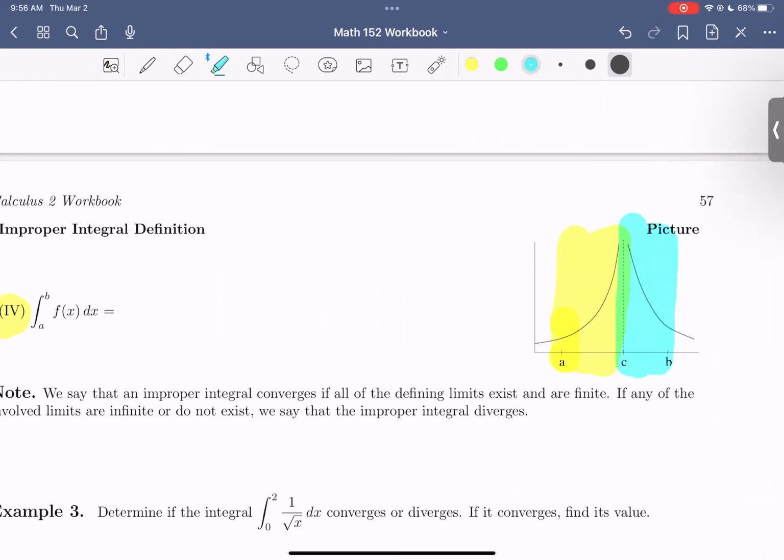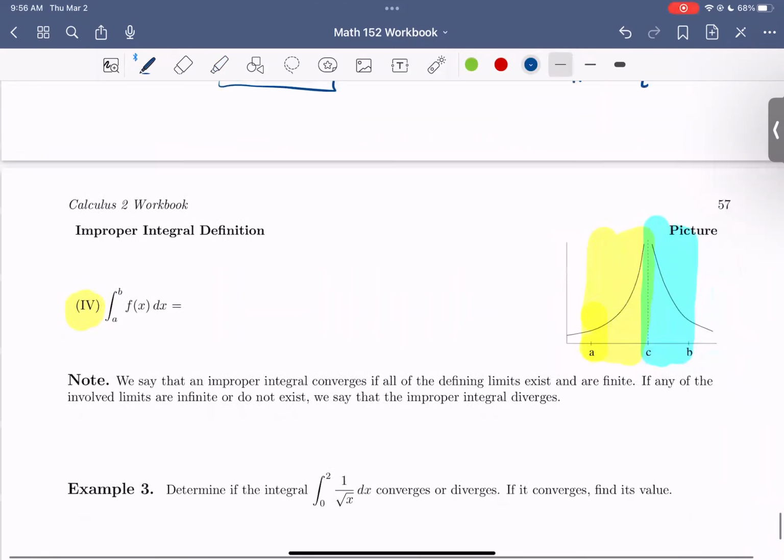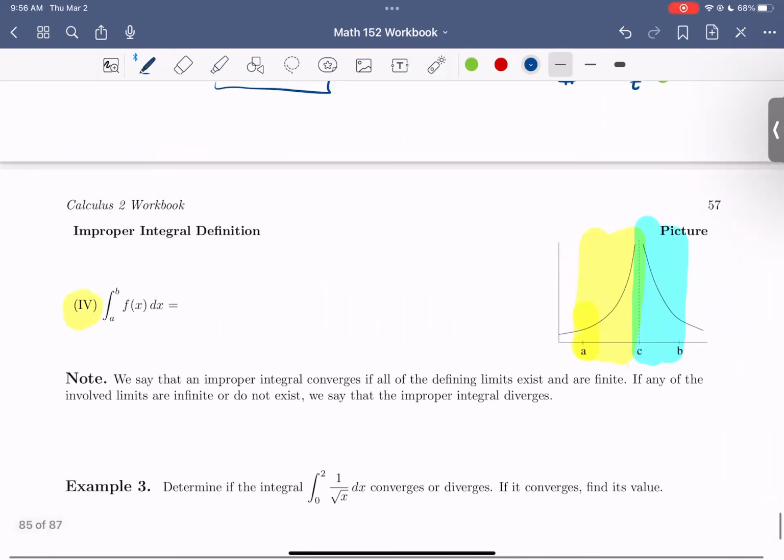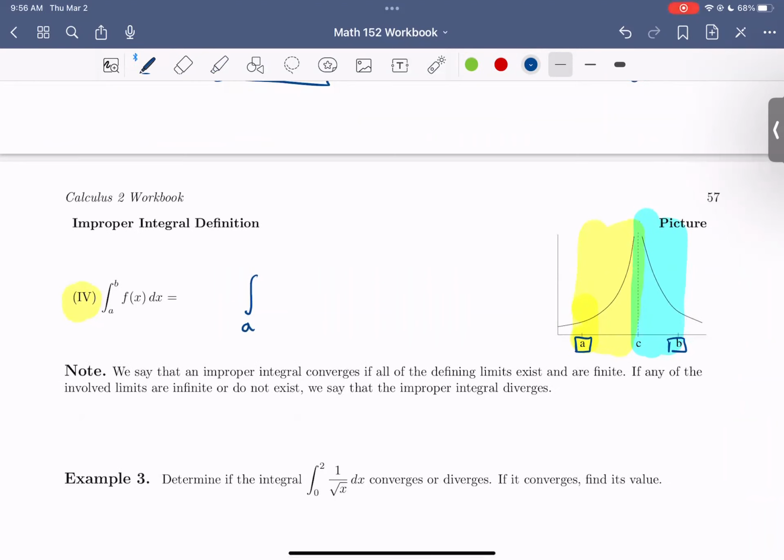So let's go ahead and write out what that would look like. I'm going to use A and B here as my numbers before I use little hashtag symbols or pound signs, just to help us keep track. But now that we've seen that, I'm going to use just A and B. So our first integral will go from A to T. I'm going to let T be my helper variable that's going to approach C. That will be the integral from A to T of f of x dx.